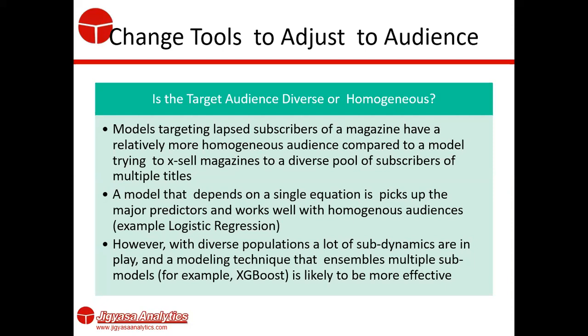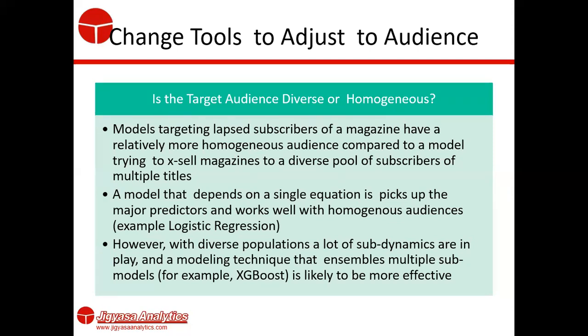There is a standard equation, and that equation picks up the key predictors, and you get a solid, robust model. However, like the second example I said, where the pool is very diverse, the logistic regression still works, but there are a lot of sub dynamics at play.